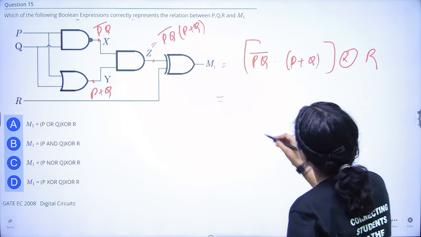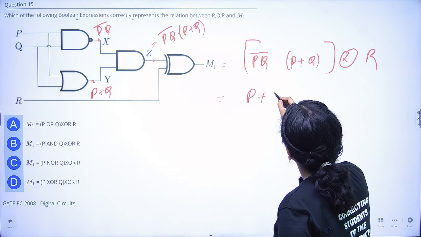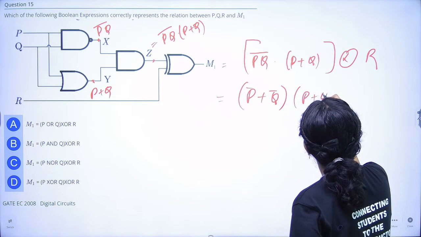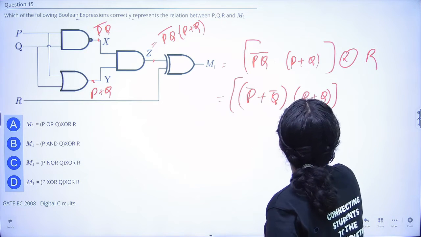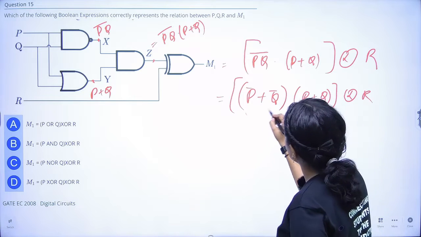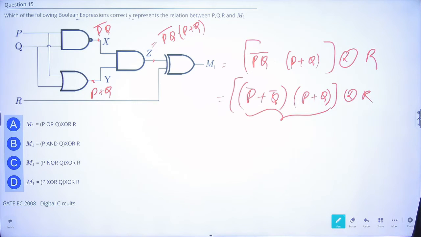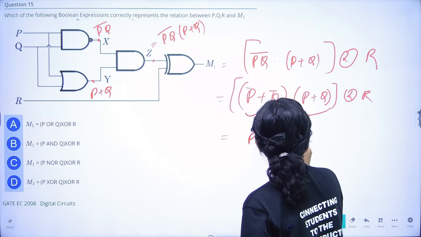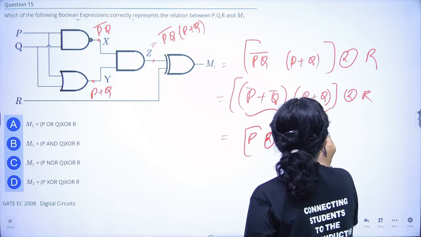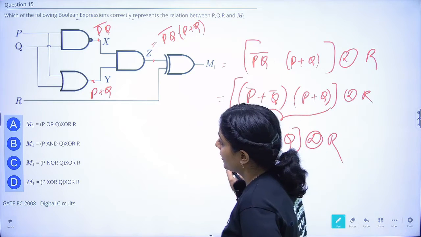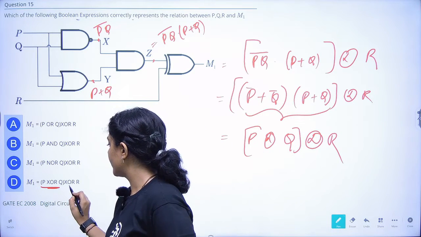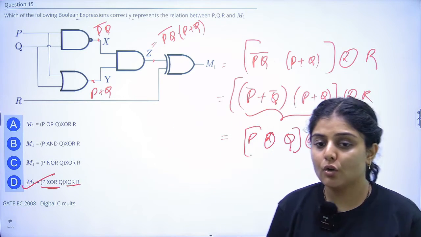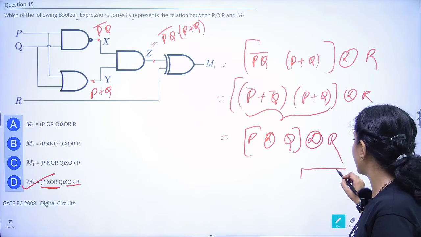So this will give you P plus Q bar, bar, P plus Q. This is the POS form of XOR gate only. So we can write P XOR Q XOR R. So M1 will be P XOR Q XOR R. So this will be the correct answer.